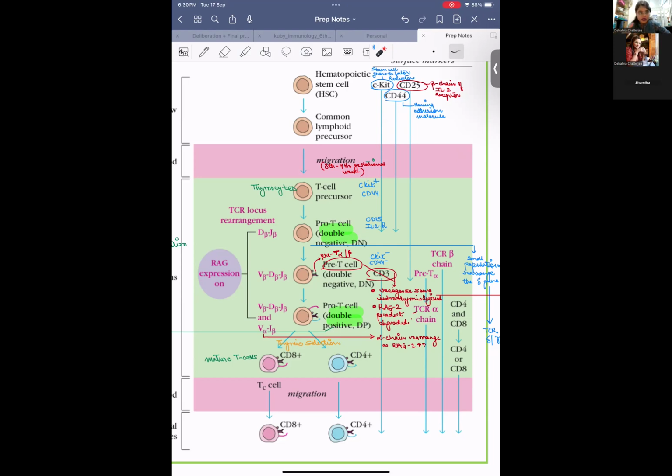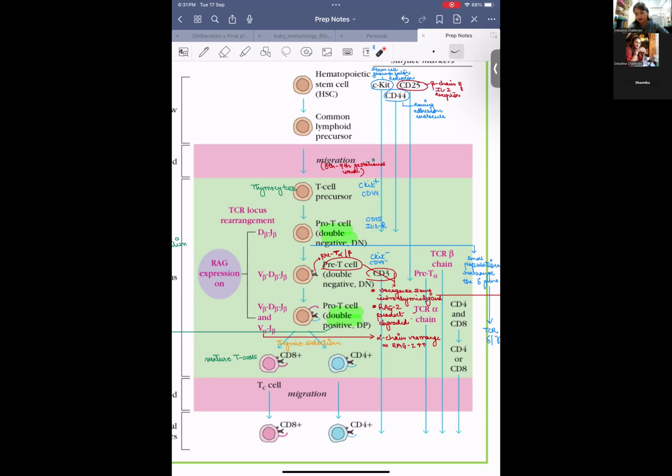So, the first to rearrange, very similar to what we saw for the heavy chain of antibody, we saw that the heavy chain rearranges first, and the heavy chain is having DJ joining first, and then the V segment joins to the DJ combination.